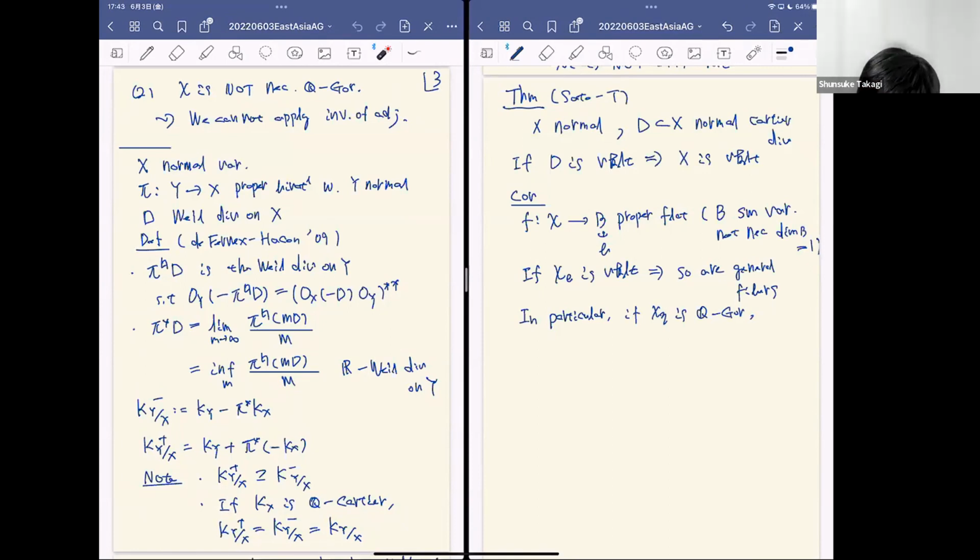So under this assumption, if the special fiber is KLT, then the general fiber is also KLT. Yeah, this is our first application.